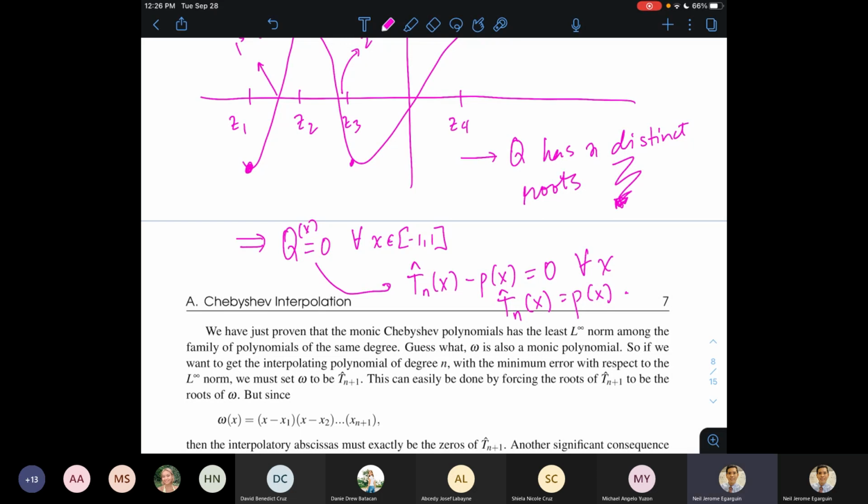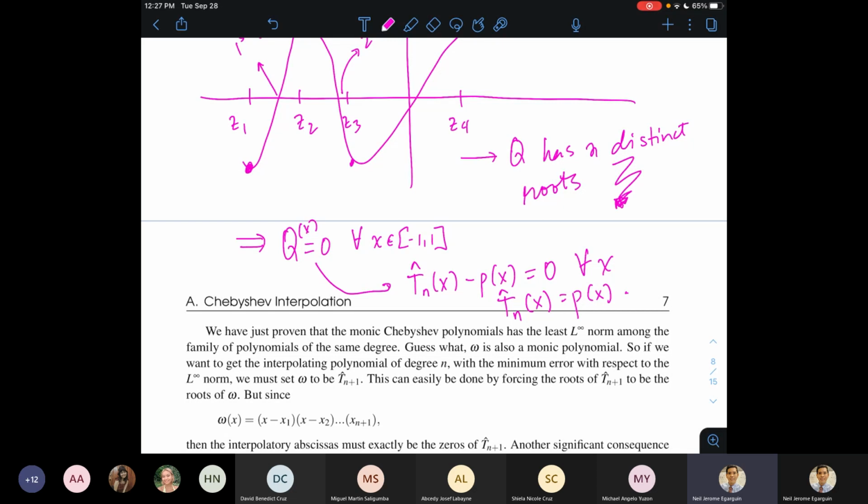Okay, so yeah. Now, what's the point of showing you this? As nasabi nga natin kanina, gusto nating i-minimize si omega. And omega is a monic polynomial. So that means to minimize the L infinity norm of omega, I want omega to become the Chebyshev polynomial.